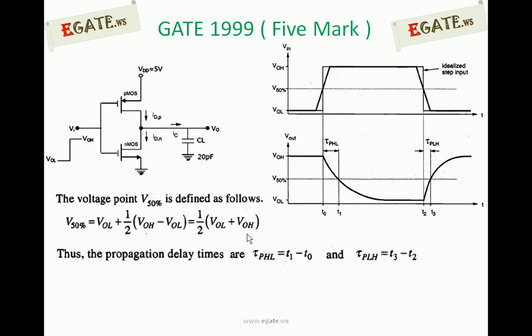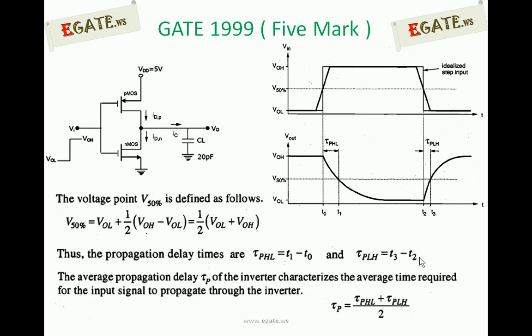Then the propagation delay times are indicated with times T0, T1, T2, T3. So tau pHL is T1 minus T0, whereas tau pLH is T3 minus T2. The actual average propagation delay of the CMOS inverter is the average of these two, that is, tau pHL plus tau pLH by 2.